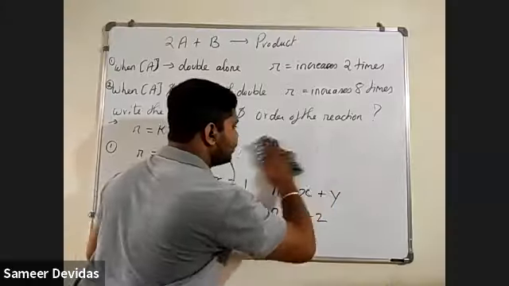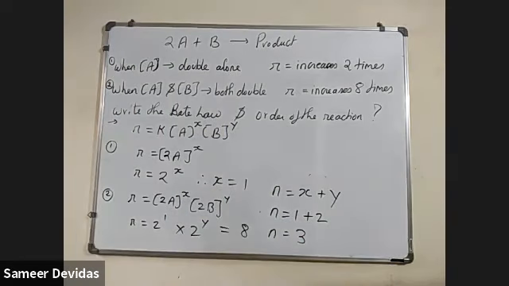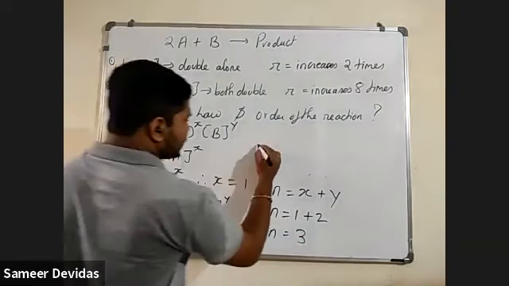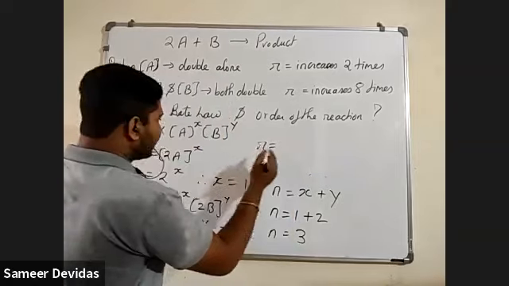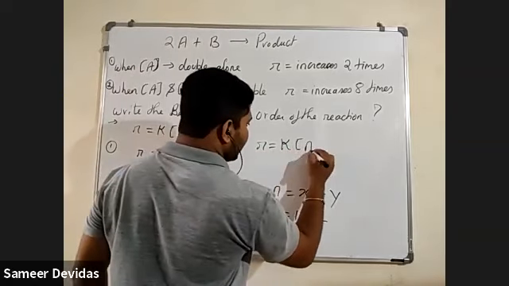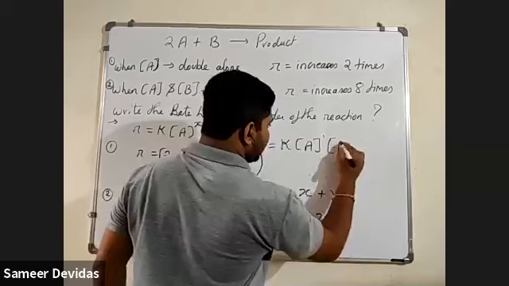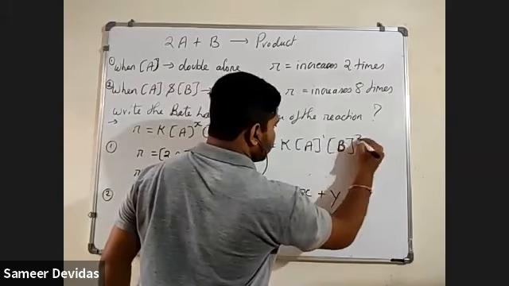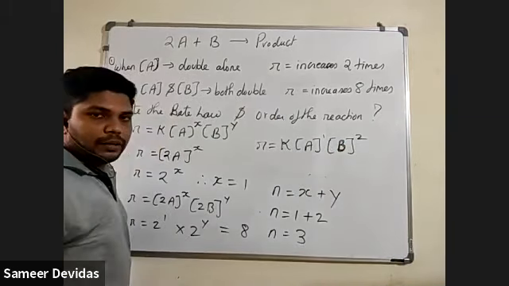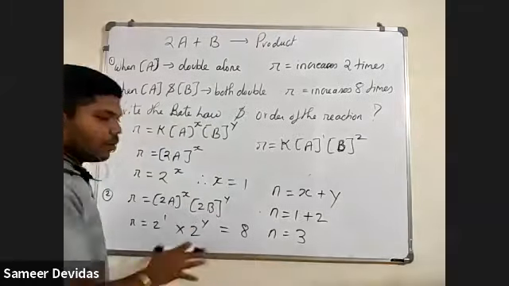I have told you to write that. After finding this x and y, you need to write down this again. So this is the rate law. R is equal to K A raised to 1 and B raised to 2. This is what you have to write, because to write this only we are doing all this.